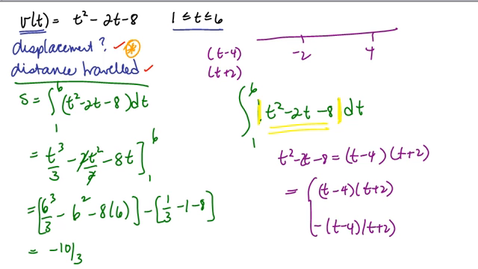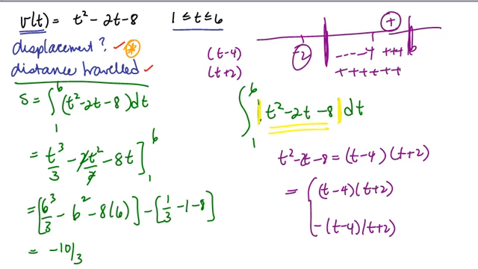We're not really interested in what's happening out here because our domain is between 1 and 6. So we're only looking between here and here. And t minus 4 is positive on this side and negative on this side. And t plus 2 is positive everywhere here, which means that the function is positive between 4 and 6 and negative between 1 and 4.